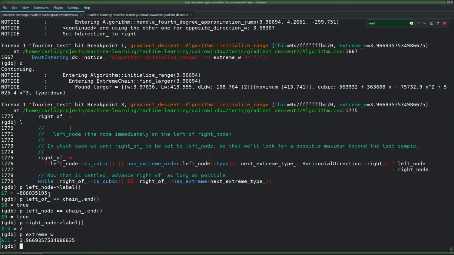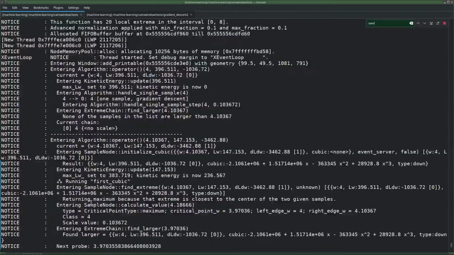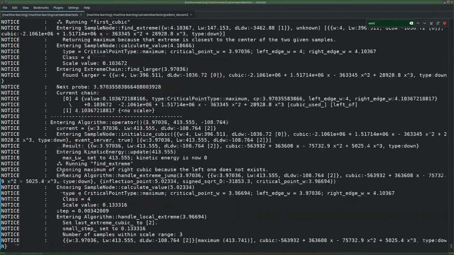What is the coordinate of 0.0 then? Is this 0.0? Doesn't look like it.